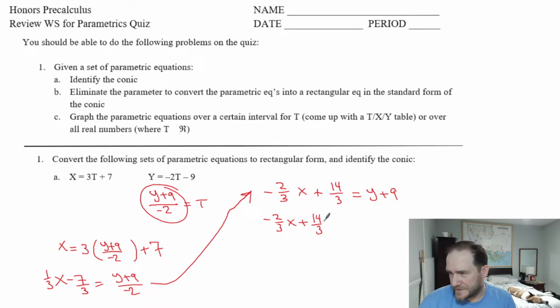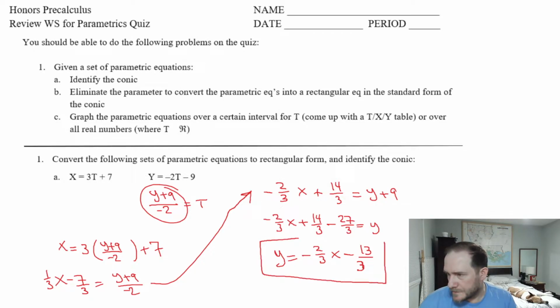And when you subtract the 9, subtract it in the form of 27/3, so that you've got a common denominator. And then you'll find that y is equal to -2/3 x minus 13/3. So that would be the best form of our rectangular equation.